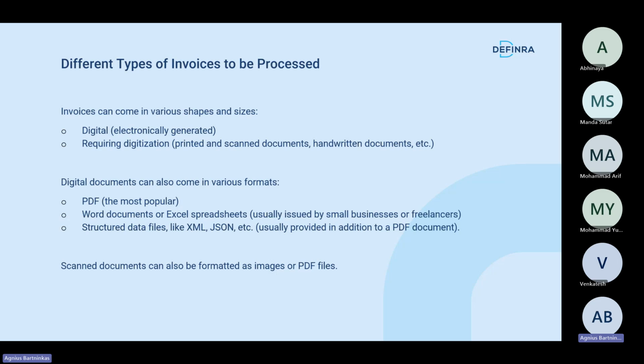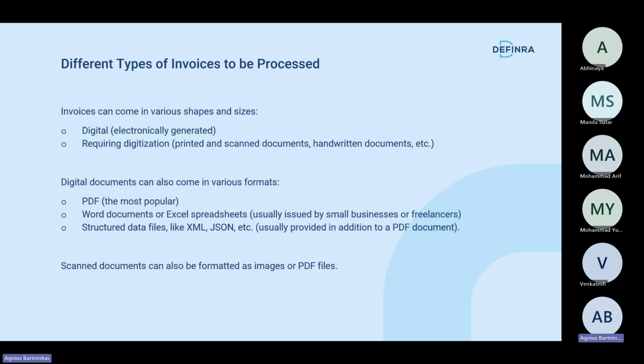So they're digital, meaning that we can relatively easily export the information from it and then use it for further processing. Or they can also require digitization, meaning that they're not really digital. They can be printed documents that we get on paper.